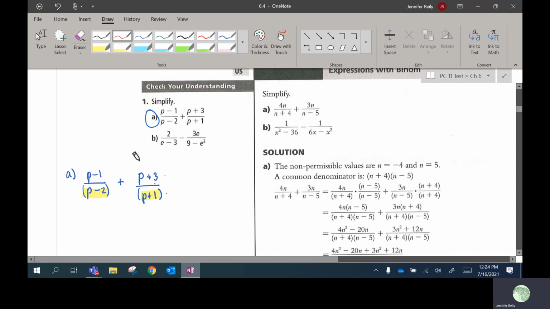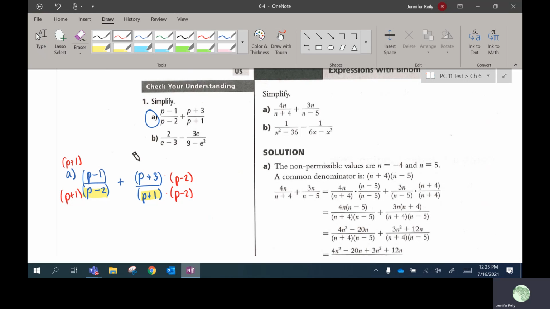So the second fraction here, I'm going to multiply the top and the bottom by p minus 2. I'm going to put brackets around this as well to remind myself I'm going to have to FOIL there. And then the first one, I'm going to multiply by p plus 1. That way, both denominators will have a p plus 1 factor and a p minus 2 factor.